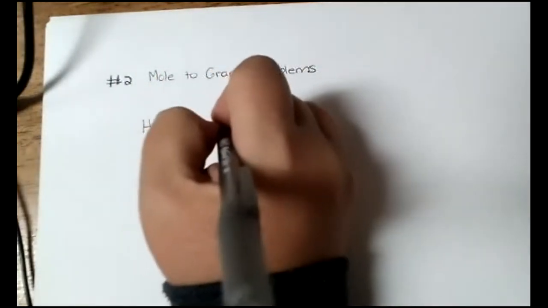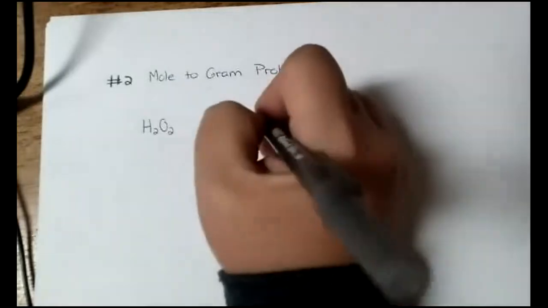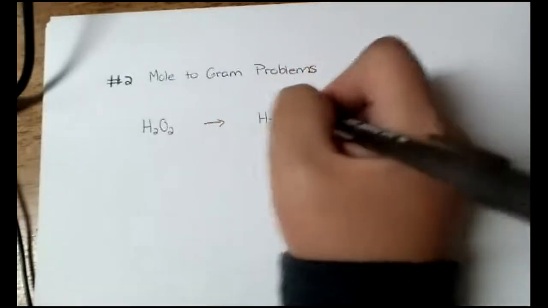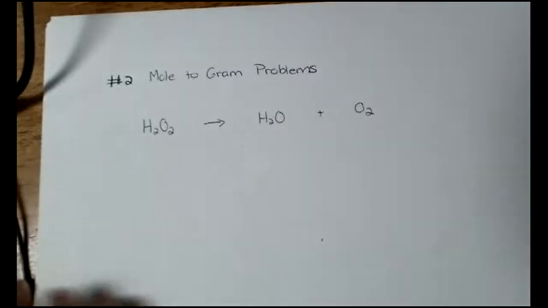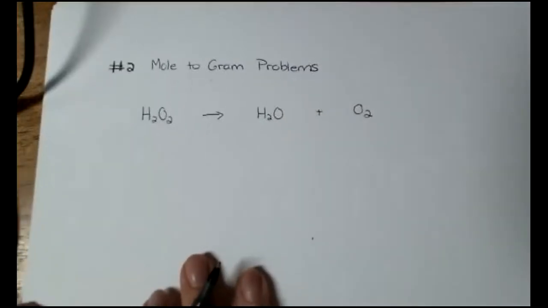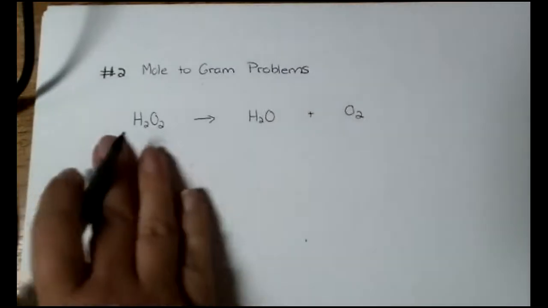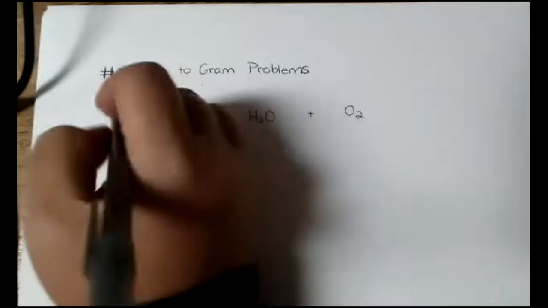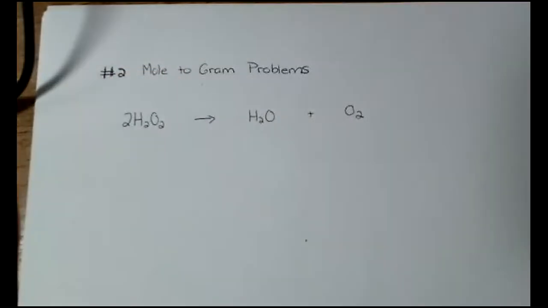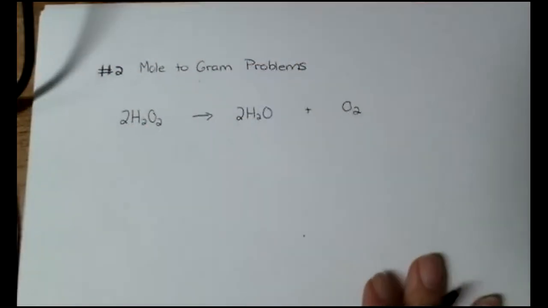When he decomposes hydrogen peroxide, it forms water and it also gives off oxygen gas, O2. I'm going to give you just a second because just like before, we have to have a balanced reaction. If you want to take a second to balance it, just pause the video. To balance this, we put a 2 and then a 2, and now it is balanced, okay?